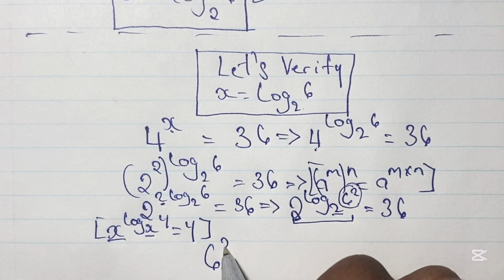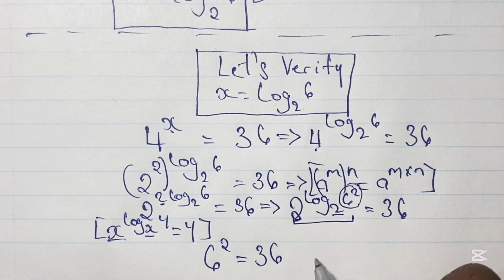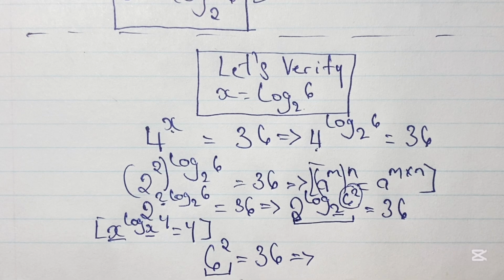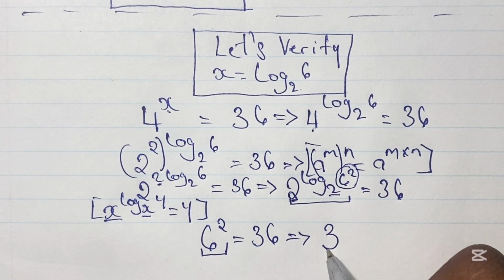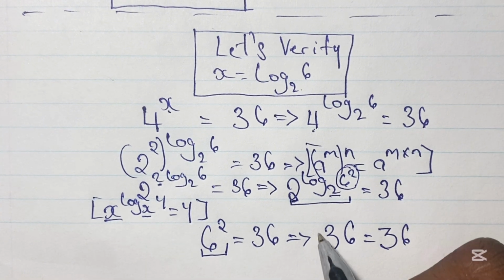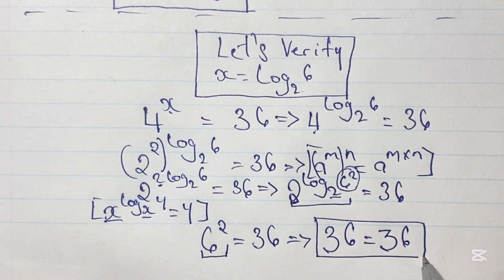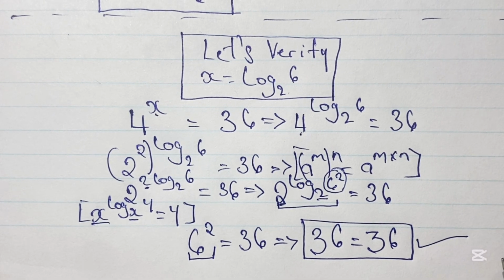So from here we have 6 squared is equal to 36. And here we have it, we know that 6 squared is indeed equal to 36. Therefore, our solution for x is correct. x is equal to log base 2 of 6.